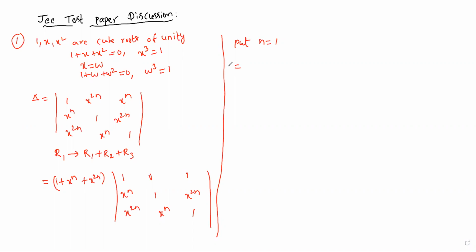If you substitute n equal to 1, what will happen? This term 1 plus x power 1 plus x power 2 into 1 is x square, into the determinant of 1, 1, 1; x, 1, x square; x square, x, 1. But this total value, how much clearly? It is 0. That's why the whole value becomes 0.